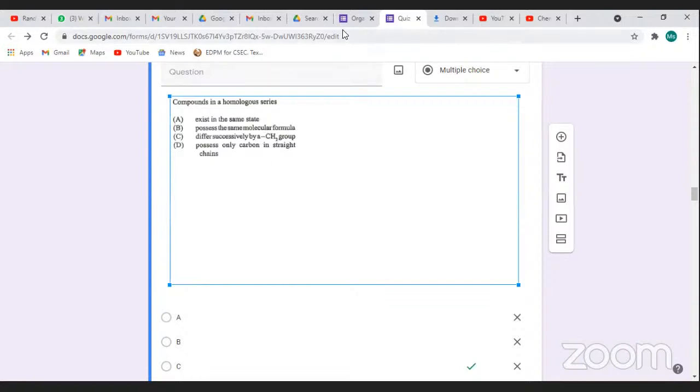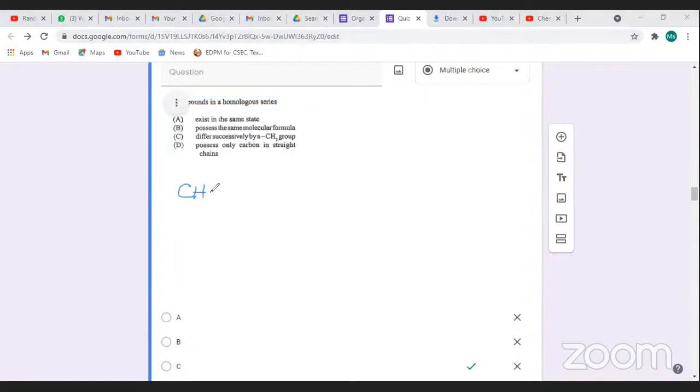Let me show you what we mean. Methane, CH4. Ethane, C2H6. What is the difference between this and this? You have to add CH2 to methane to get ethane. Let's look at propane, C3H8.